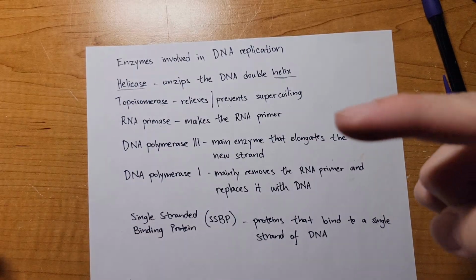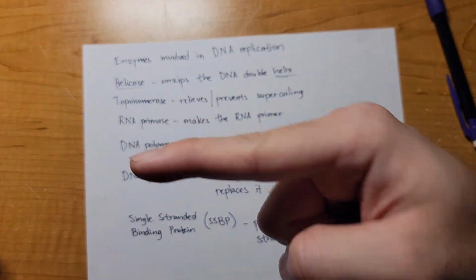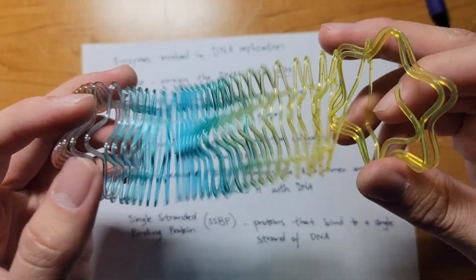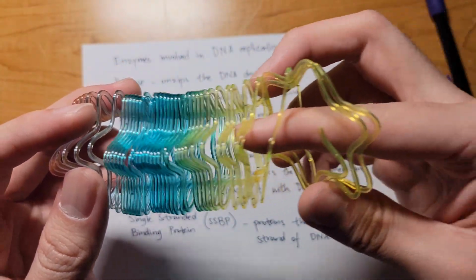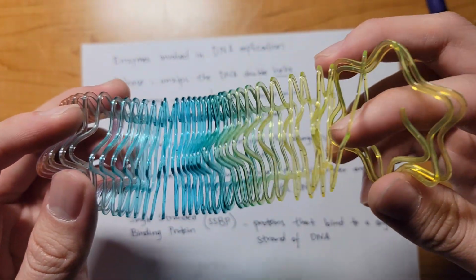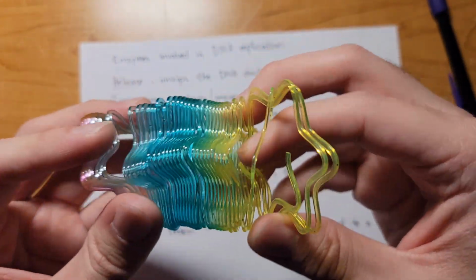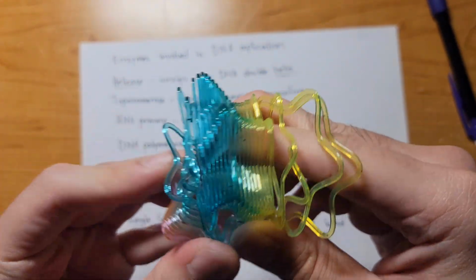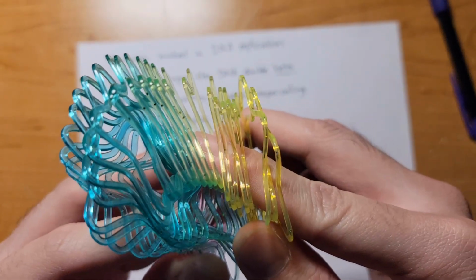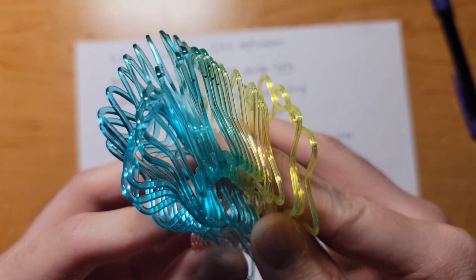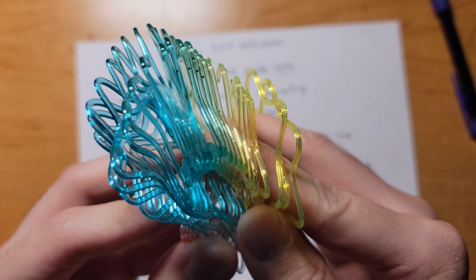And imagine helicase is going that way to unzip it. As helicase goes, it actually has a force that pushes the DNA. Without topoisomerase, what can happen is that I keep pushing and pushing until it starts coiling like this, right? And we wouldn't want that, right? Because we're not going to be able to replicate our DNA correctly.